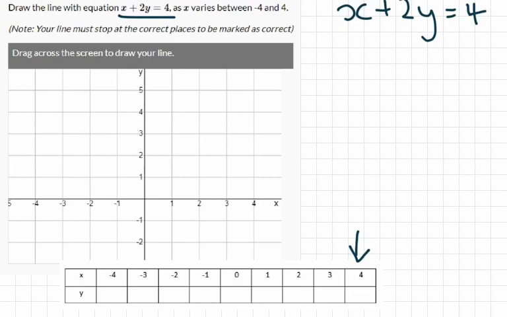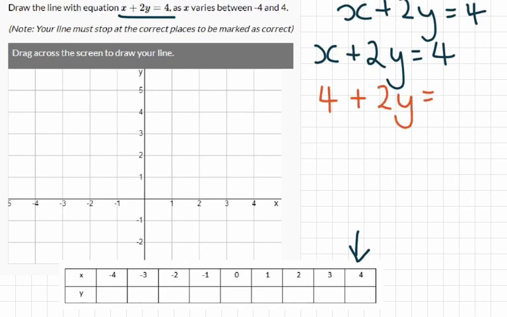So I'm substituting in 4. So x add 2 lots of y is 4. In place of x, we're going to put 4. So 4 add 2 lots of something is 4. So we've got to think, okay, 4 add what is 4?